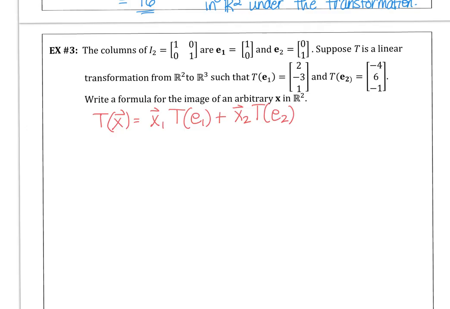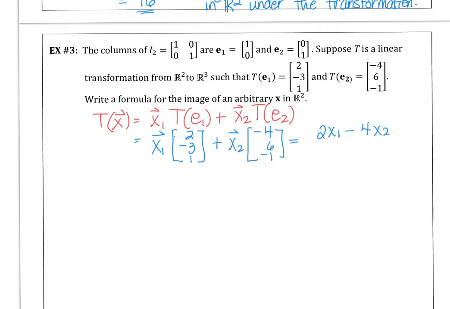Using the example they gave us, we have x sub 1 times the transformation, which was given as 2, negative 3, 1, and then x sub 2 times the second transformation, negative 4, 6, negative 1. Multiplying that out, we have 2x sub 1 minus 4x sub 2, negative 3x sub 1 plus 6x sub 2, and finally x sub 1 minus x sub 2.